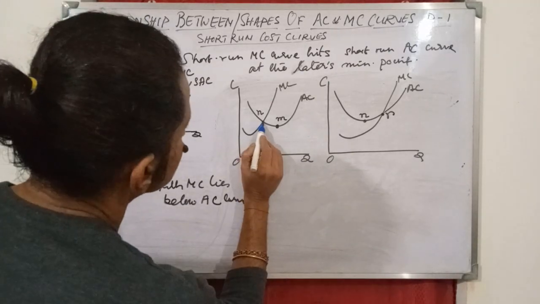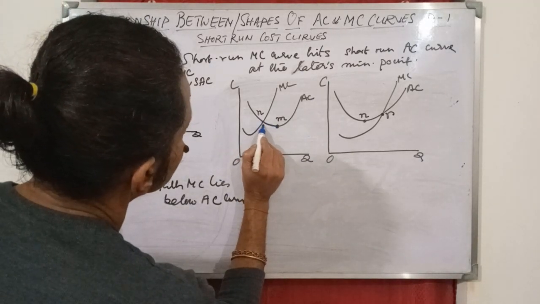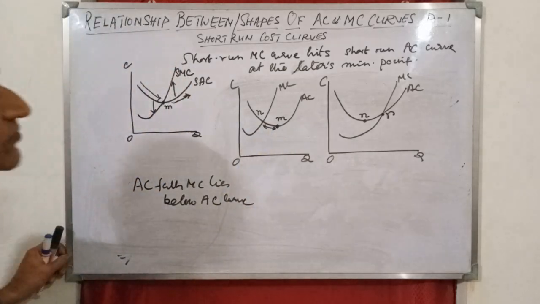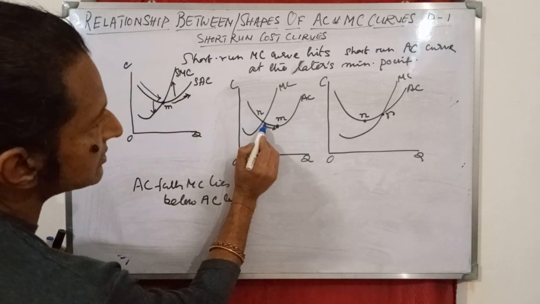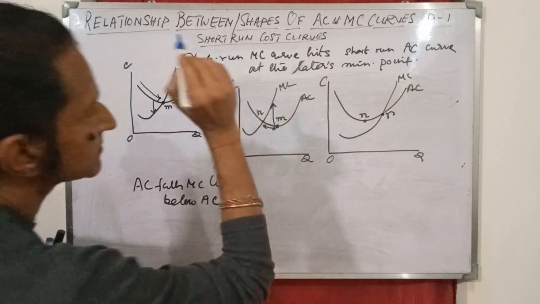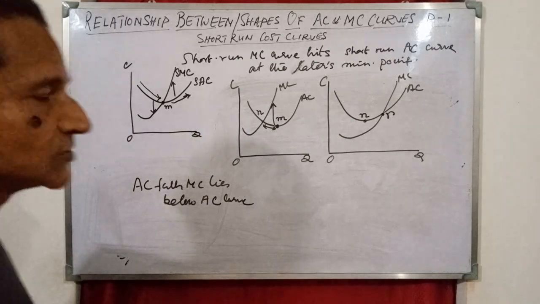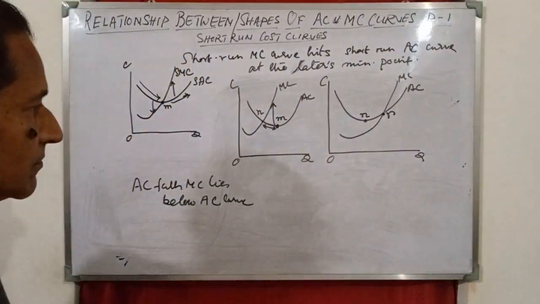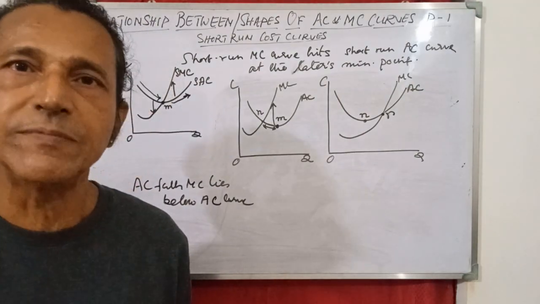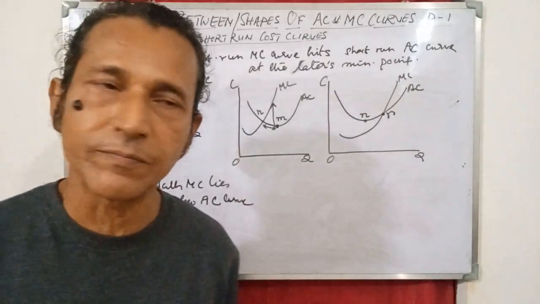Now you see this part. From N to M. Watch very carefully. AC is falling, but MC is above AC. So this cannot happen because we have learned that when AC falls, MC must lie below the AC curve.